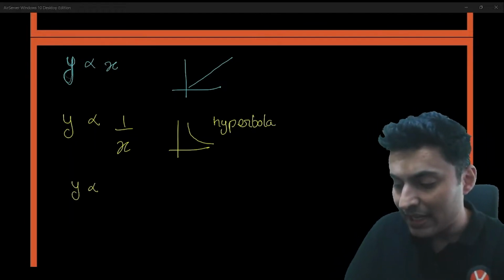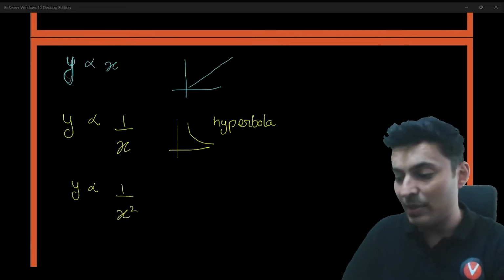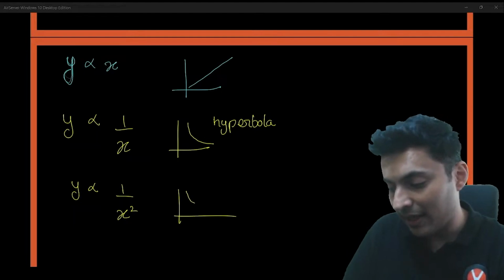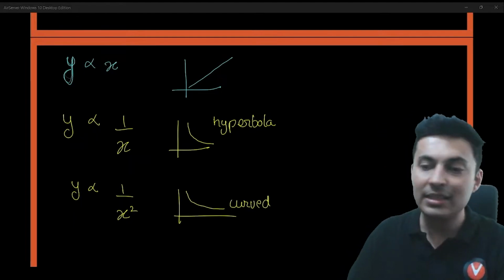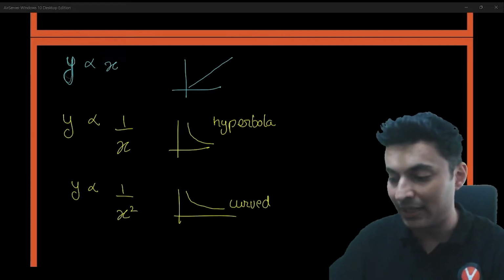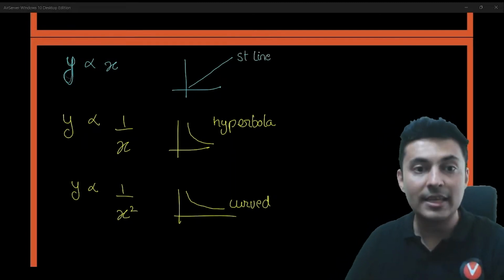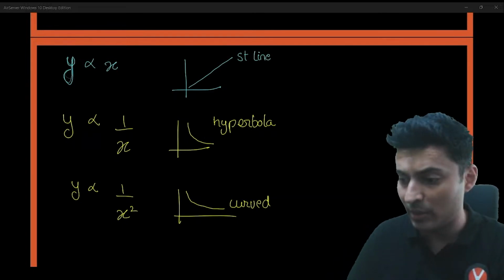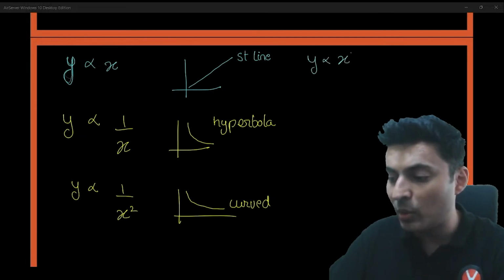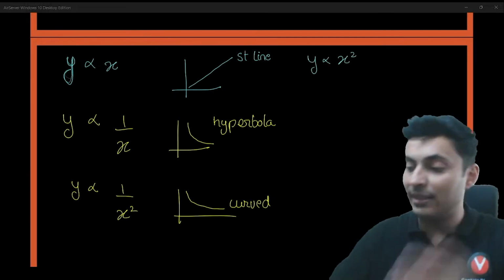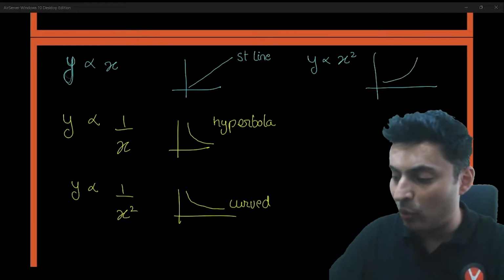But when y is inversely proportional to x square, then the graph is still curved, but it is not a hyperbola. Please keep that in mind. The first case it was a straight line, second case it is a hyperbola, last case it is a curve, but it is not a hyperbola. And also remember, if y was proportional to x square, x is on the top, then the graph will be a parabola.